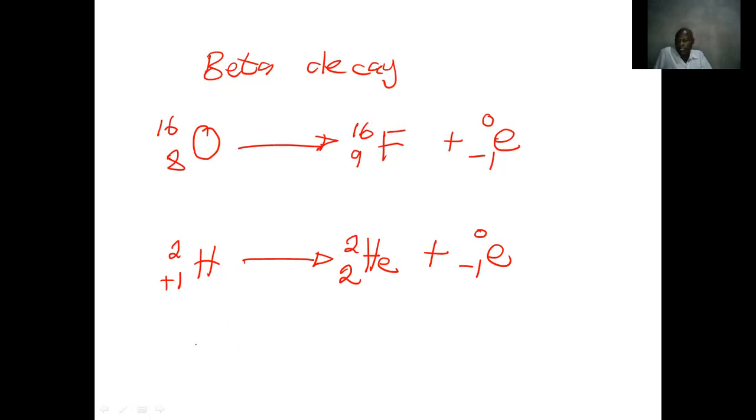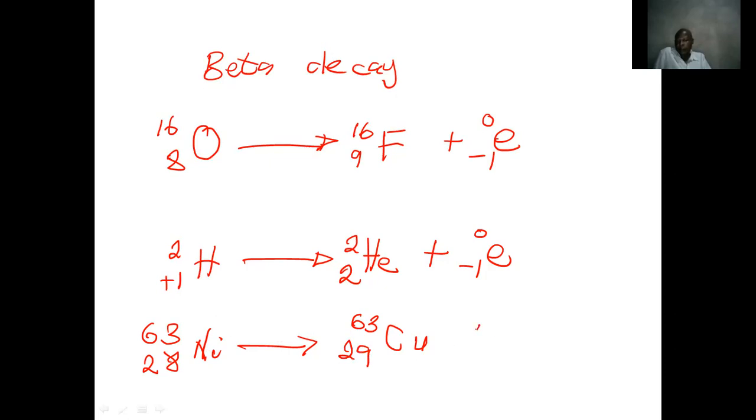Similarly, if you have another example with the nucleon number 63 and 28 as the proton number, it undergoes beta decay, you're going to have an element where you maintain the same nucleon number, because this is a beta decay, and the proton number is going to increase by 1.